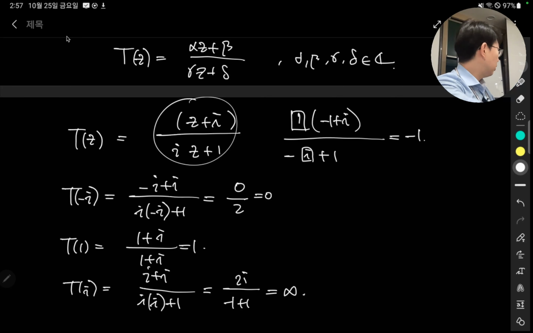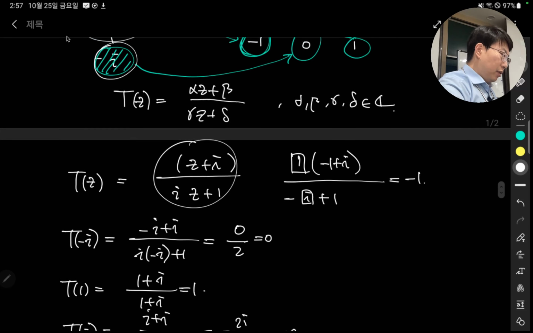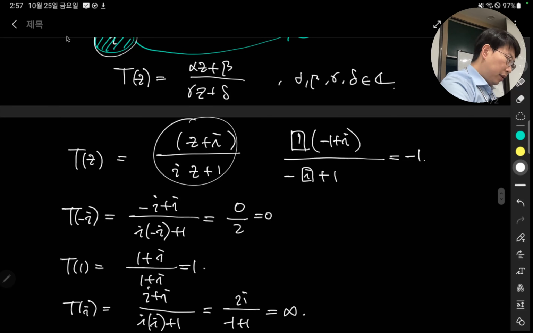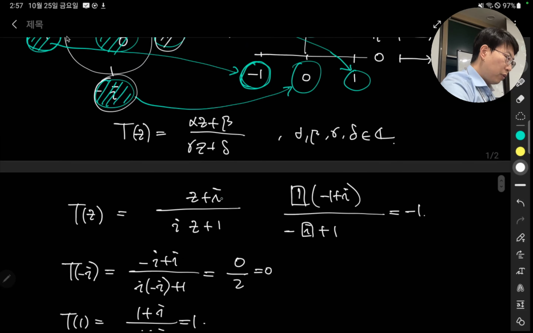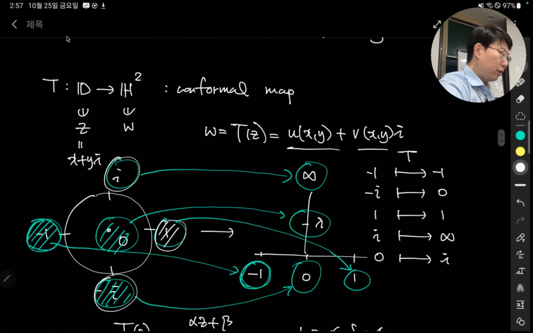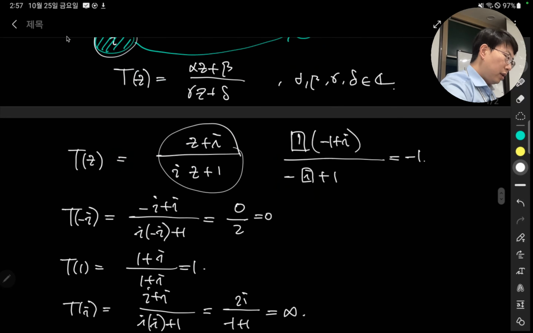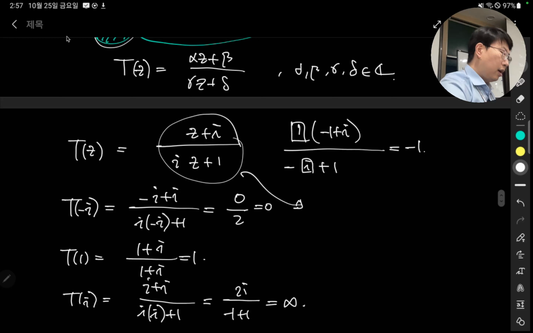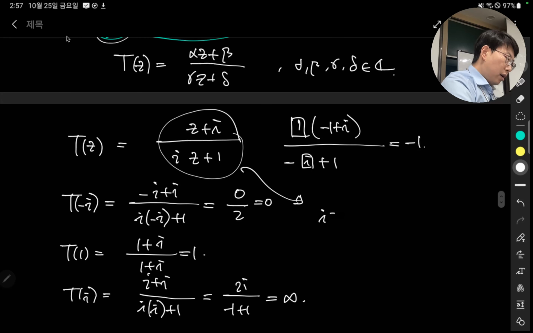So everything matches well. What is the final form? This is our form of t, but this is not what we want. We want the t in this form so that we can translate it into a 2 to 2 function. So let's rewrite this as a real part plus the imaginary part. It's i z plus 1 over z plus i.